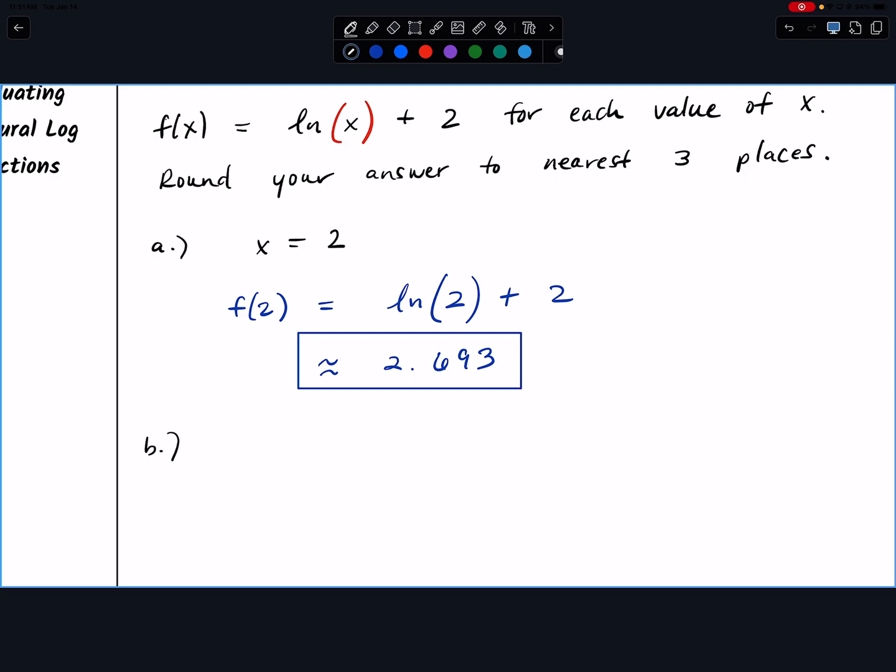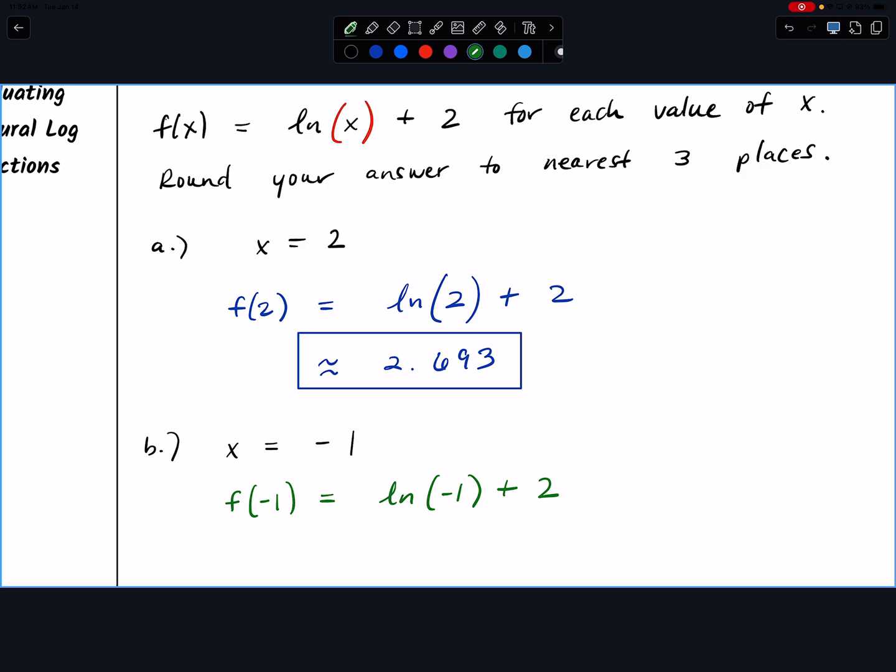B. So f of -1 is equal to the ln of -1 + 2. What does your calculator say? There's an error.